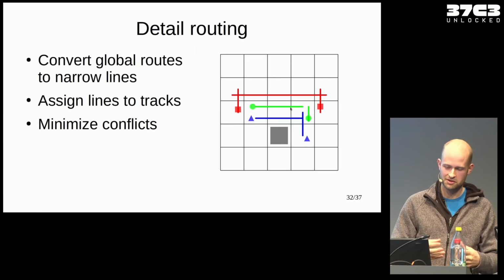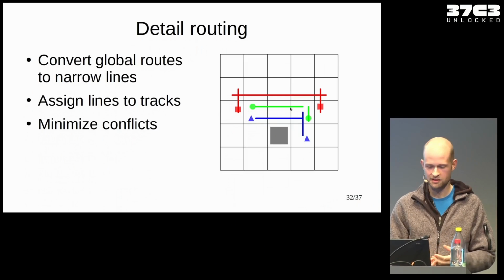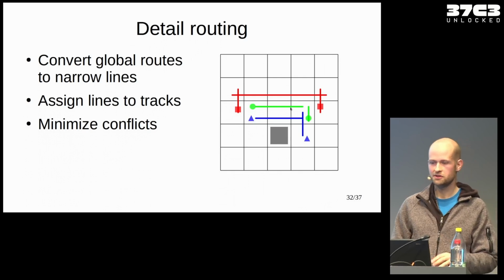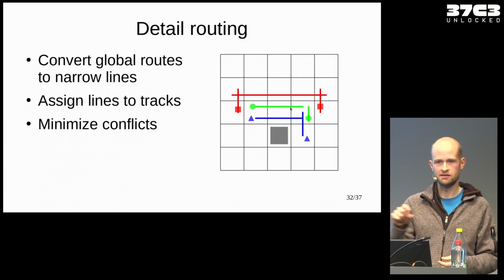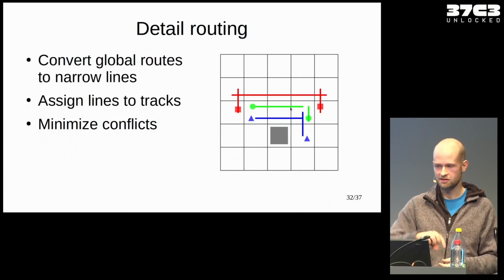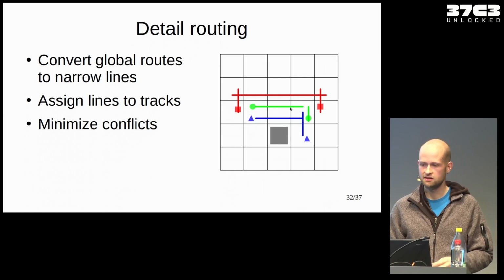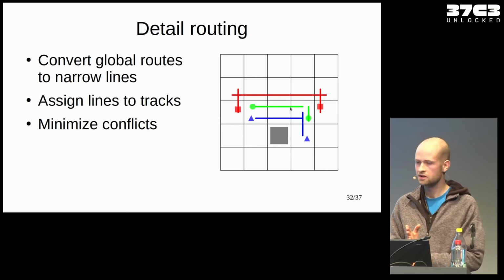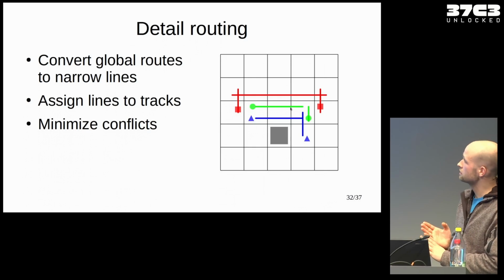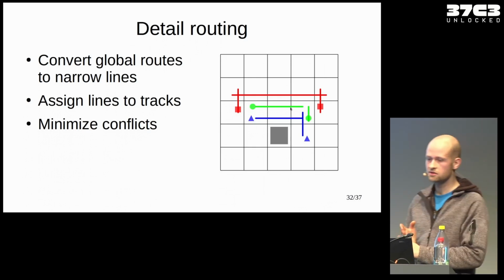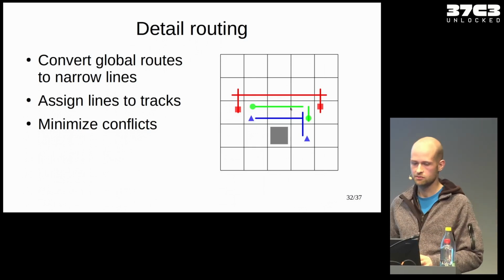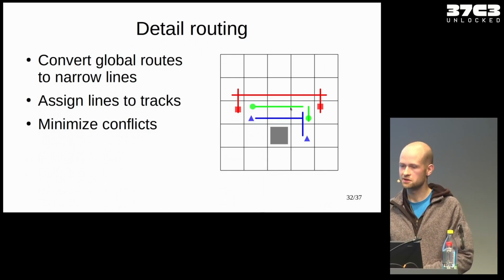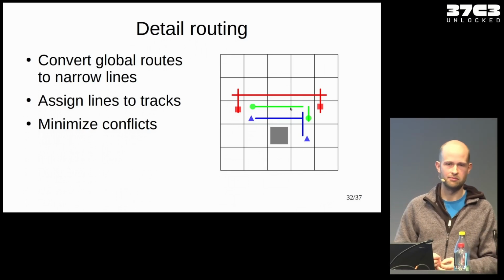What you can do once you have the global routes is another refinement step. So for example, you can convert the global routes into thin lines, like skeleton lines, and try to arrange these lines so that there's a minimal amount of overlap. And these lines are already quite close to the actual routes, but there might be gaps, maybe there are still some conflicts. And once you have those lines, you can use them to steer maze routing.